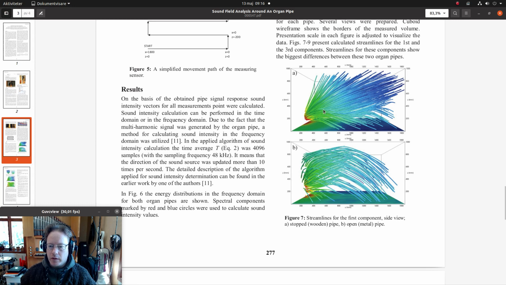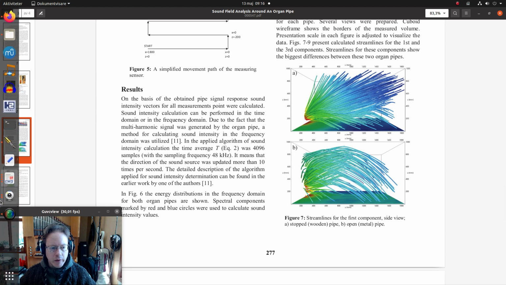This is a closed pipe, and this is an open pipe where they have measured. In a room without any reflections really, so this is the direct sound of the pipe that is recorded and compared. So just keep that in mind, keep this image in mind when we are going further.